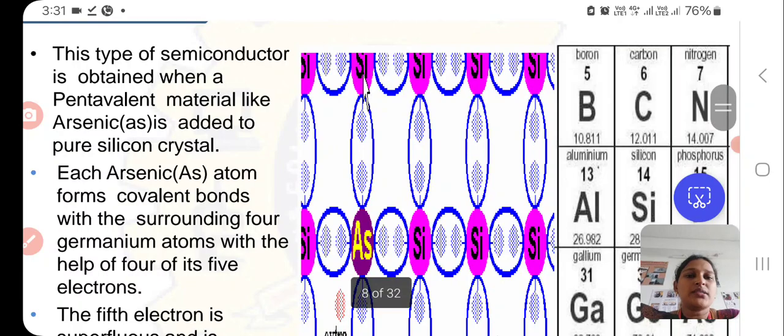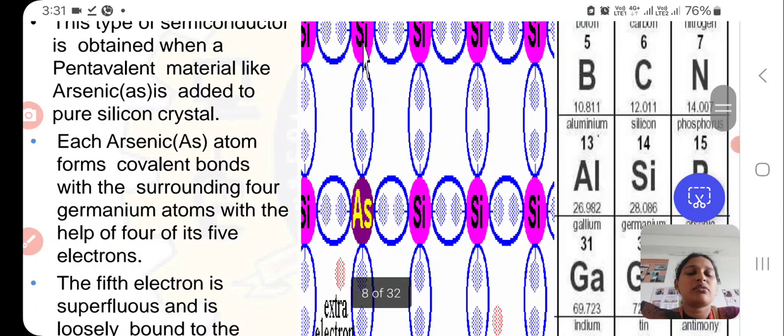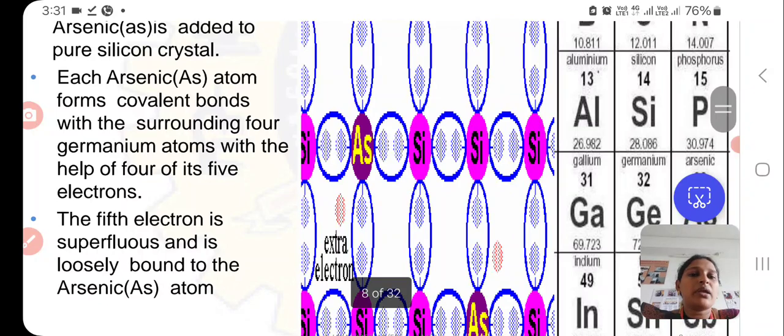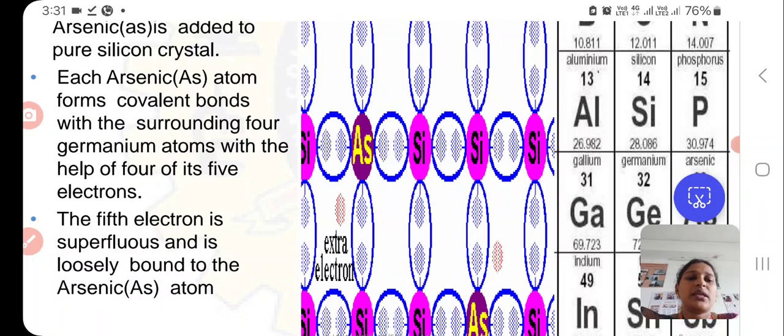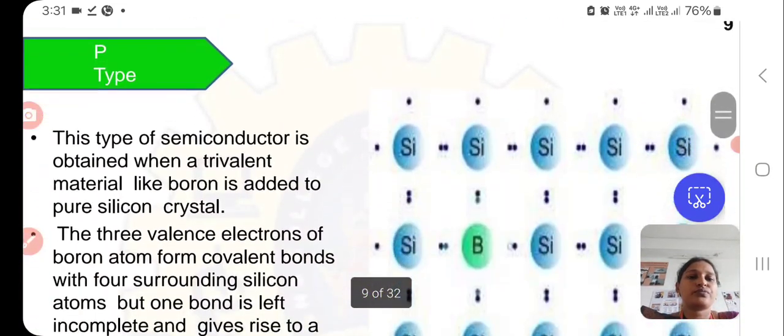Each arsenic atom forms covalent bonds with the 4 surrounding silicon atoms with the help of 4 of its 5 electrons, and the remaining 5th electron is superfluous and loosely bound to the arsenic atom, which is like the extra electron. That is the one which contributes to the current flow.